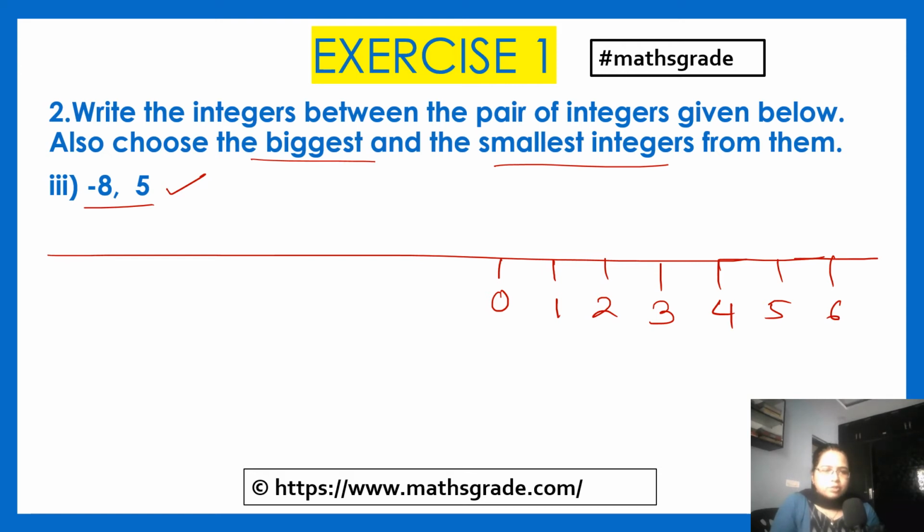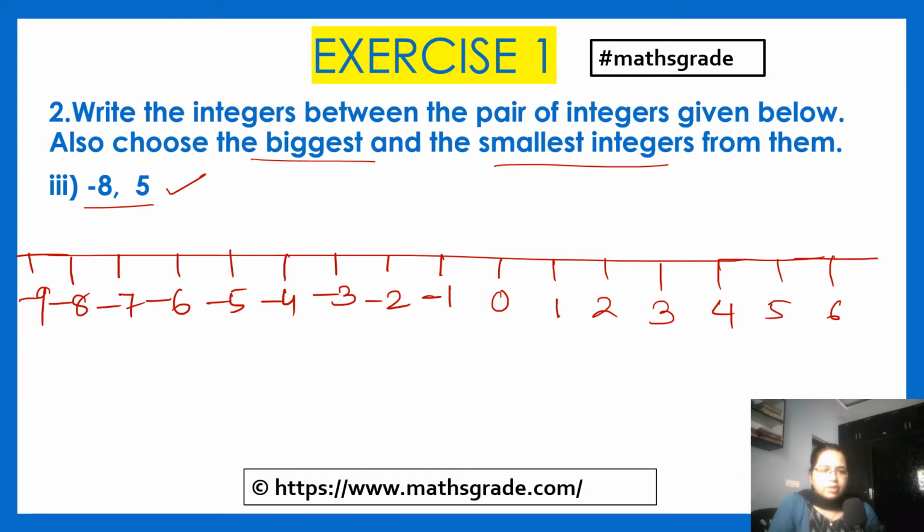All are positive integers, and from 0 to the left hand side all are negative integers, -1, -2, -3, -4, -5, -6, -7, -8, and this is -9. All are negative integers, and between -8 and 5 you have to find the other integers. This is -8 and this is 5.